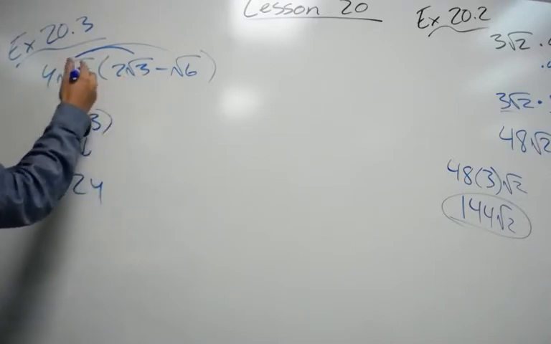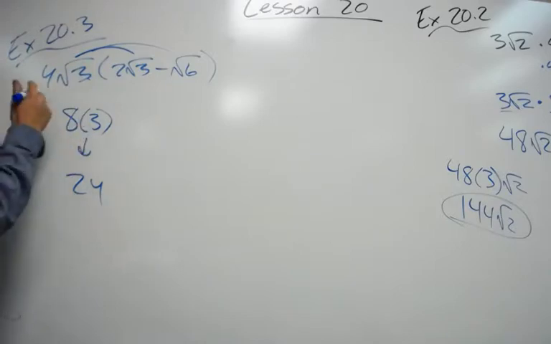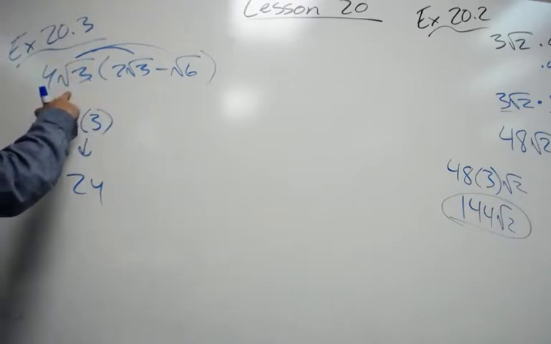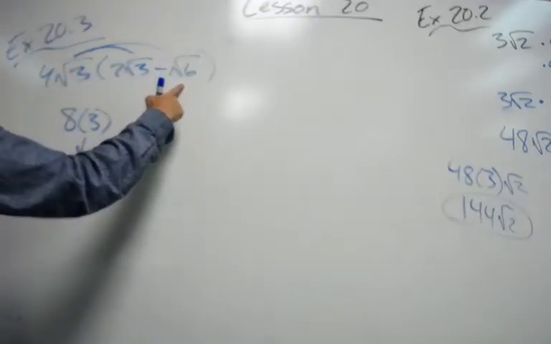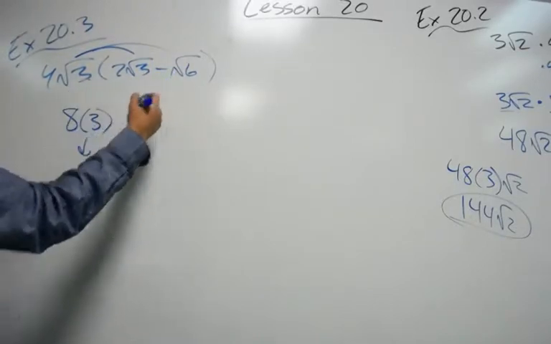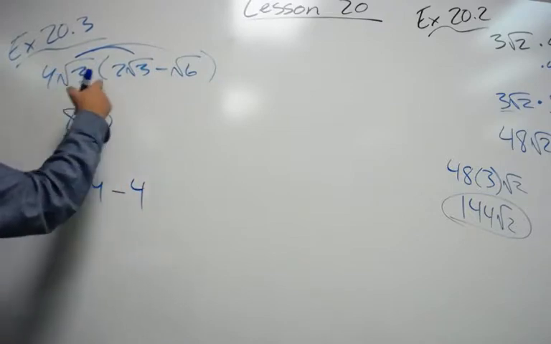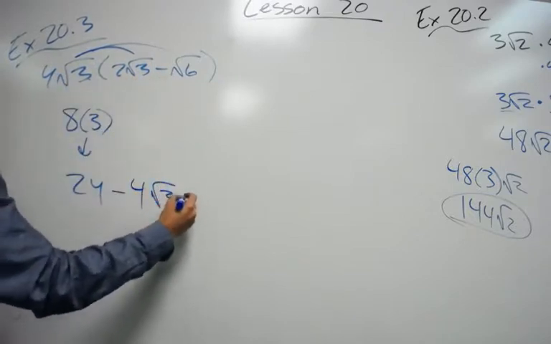So we did the top, that was just the first one. Then we multiply 4 radical 3 times the negative radical 6. This one has no whole number, so therefore it's minus 4 radical 3 radical 6.